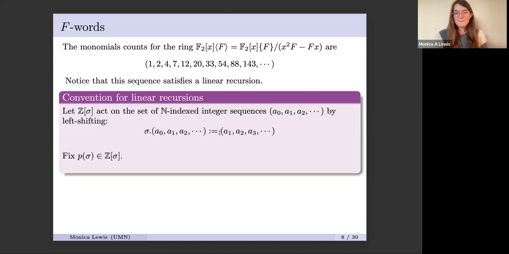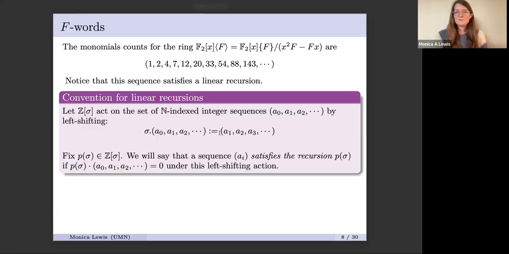If you give me a polynomial P of sigma in this ring, we're going to say that your sequence satisfies the recursion P of sigma if when I apply that polynomial, I get 0 under the left shifting action. So the polynomial annihilates it. We could ask about the annihilator, the ideal of all polynomials that annihilate it, but for now, we're just going to talk about whether it satisfies the recursion or not.